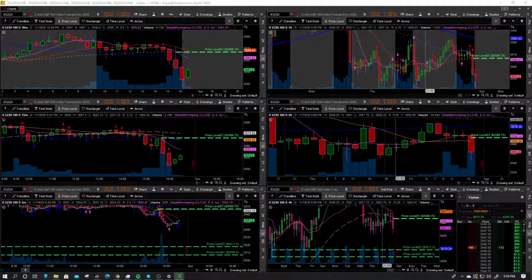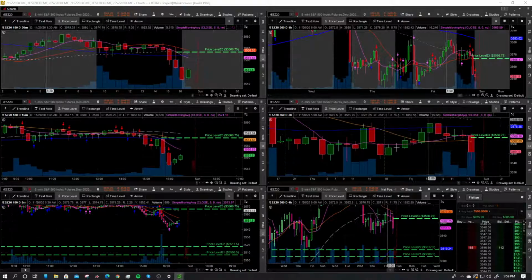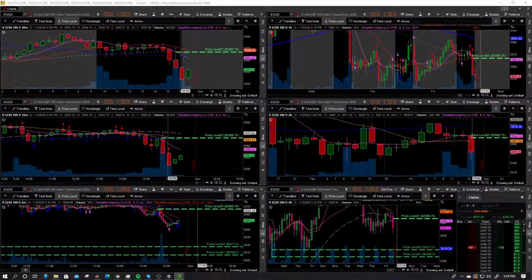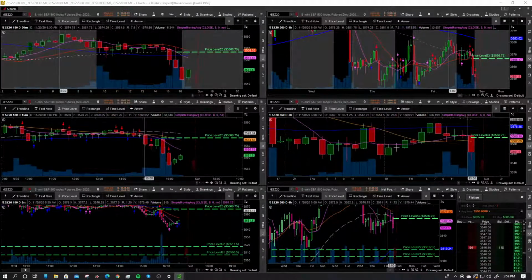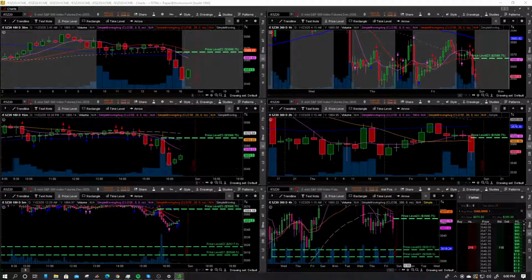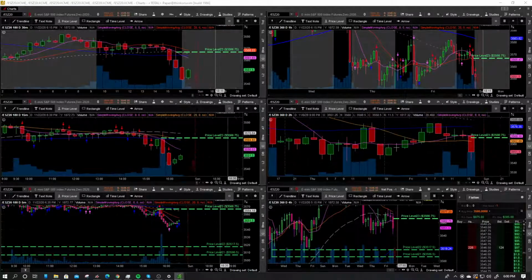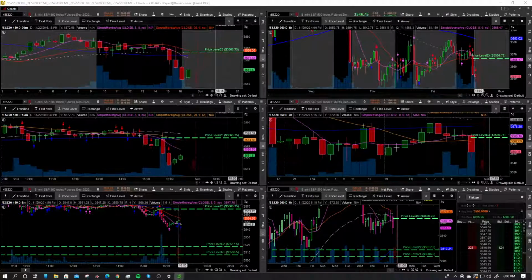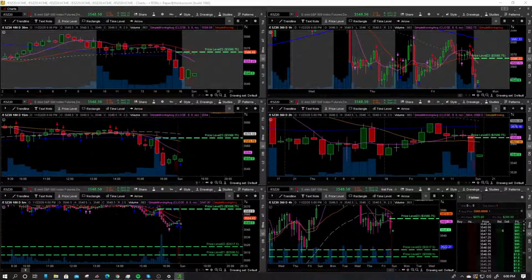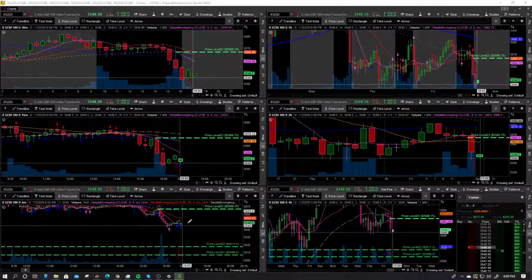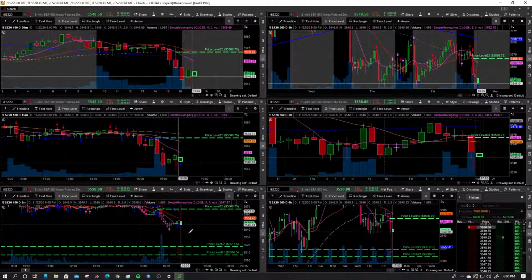1871, which is going to be the open here. Boom, 1871. Up. So it looks like gold is going to be gapping up here. Boom, gap up. There it is. And we had a gap down, so we should come and fill the gap with no wick.